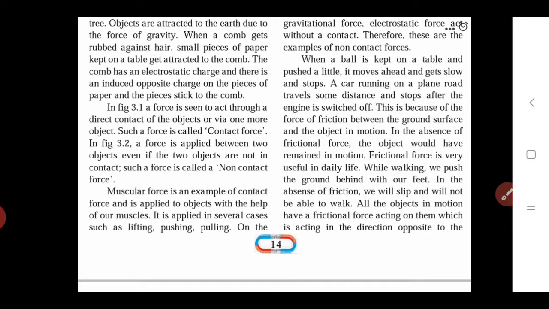Here we see again what the muscular force is. It is an example of contact force, and this force is applied to the objects with the help of our muscles. In several cases such a force is applied, by activities such as lifting, pushing and pulling.